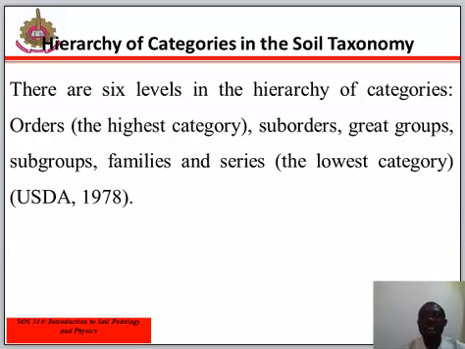Chemical and mineralogical properties of the horizon. The soil series are given local place names following the earlier practice in the old system in naming soil series. There are tens of thousands of series.